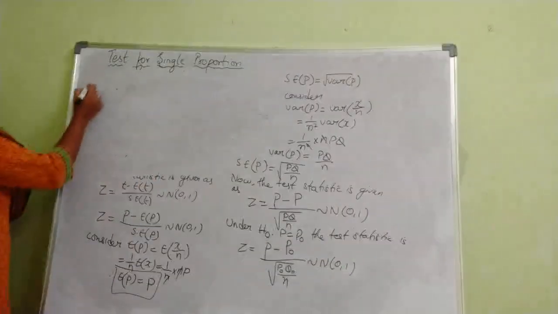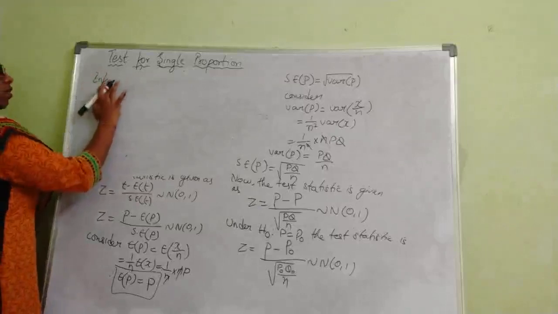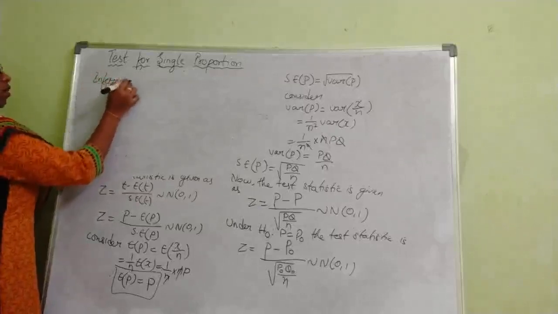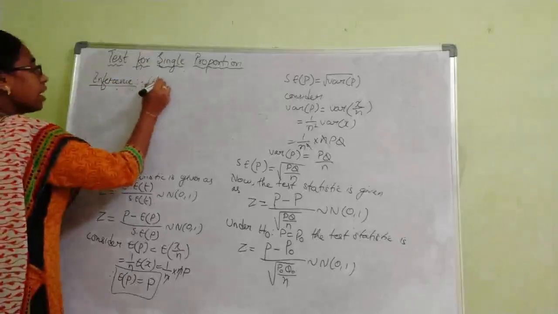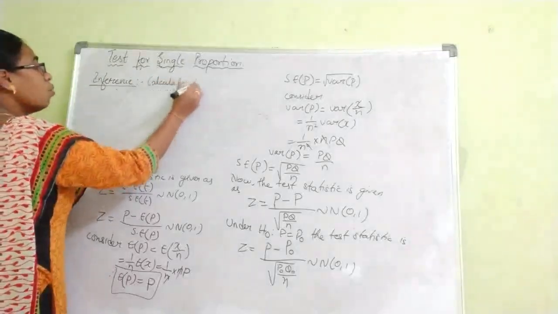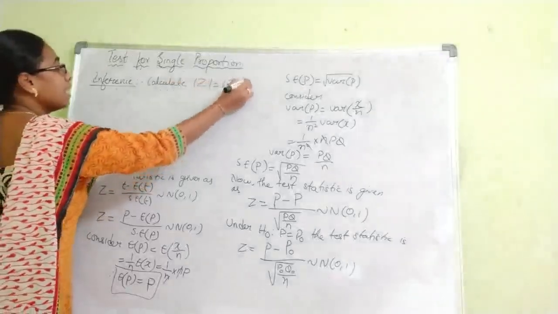So how will we write the inference? Inference is nothing but the conclusion. So first we calculate mod z, which is called mod z calculated.